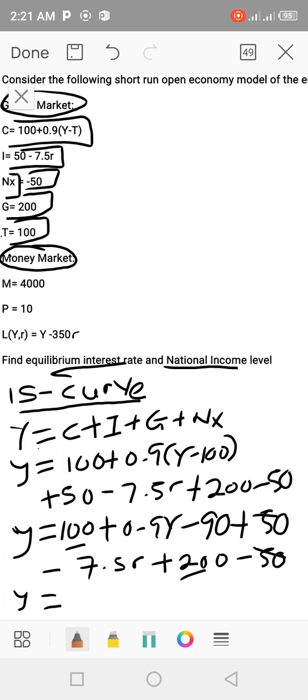So 300 minus 90, that is 210. So we have 210 plus 0.9Y minus 7.5R.